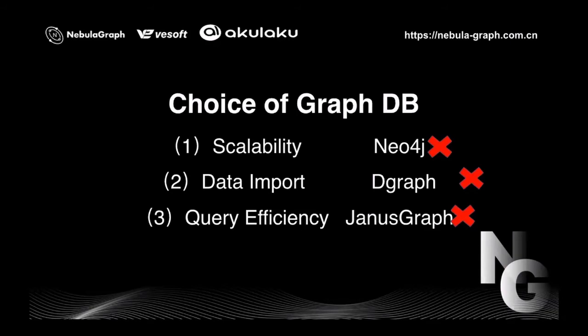The first database to be ruled out is Neo4j, because the community version only supports single node deployment. The second consideration is data import, which means that when we import the graph data for the first time, the import time must be low.